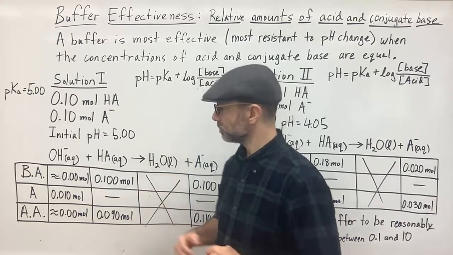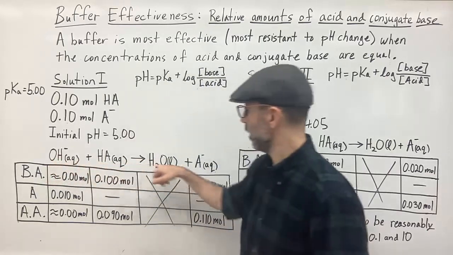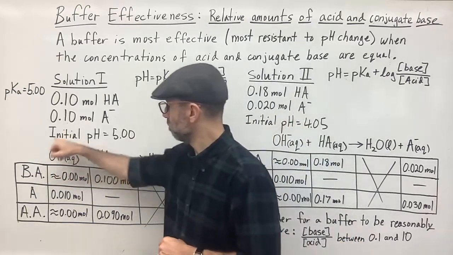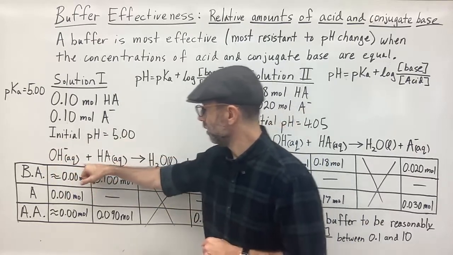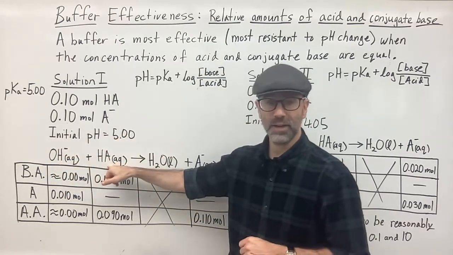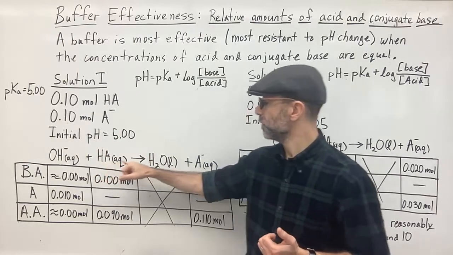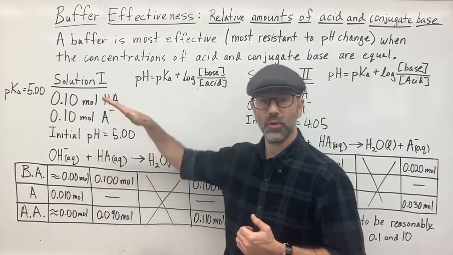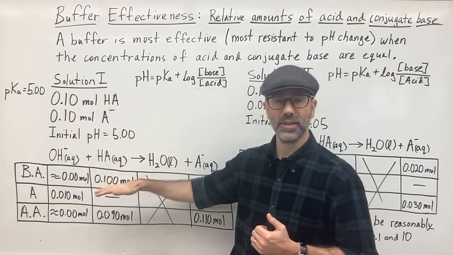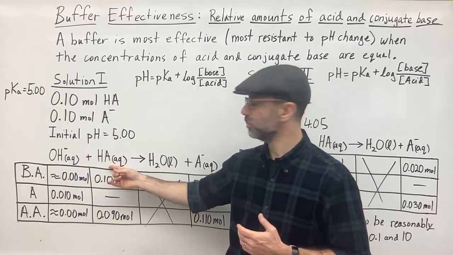If we're going to add a base, here I have an equation where we're adding some strong base, OH minus, and that OH minus is going to react with the acid that's in the buffer. As we saw in a previous video, it's going to bring the moles of acid down because you're reacting with the acid, so you're lowering the amount of acid.